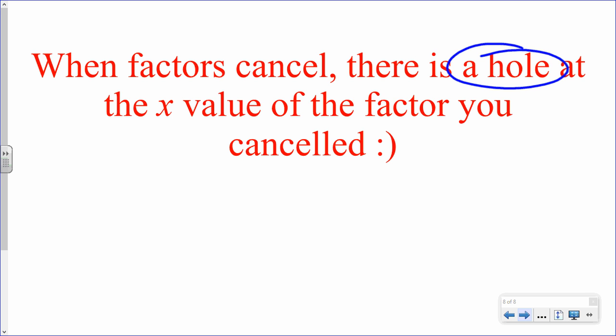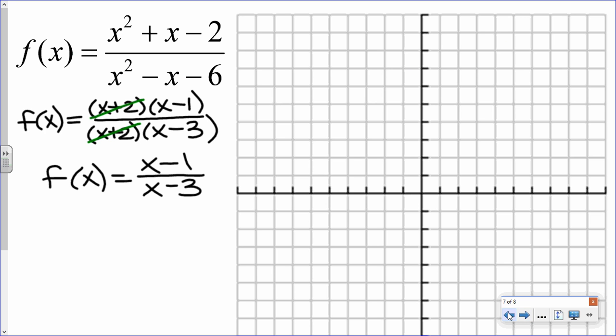Open circle, we consider a hole. So when we cancel out factors, we are going to get a hole there.